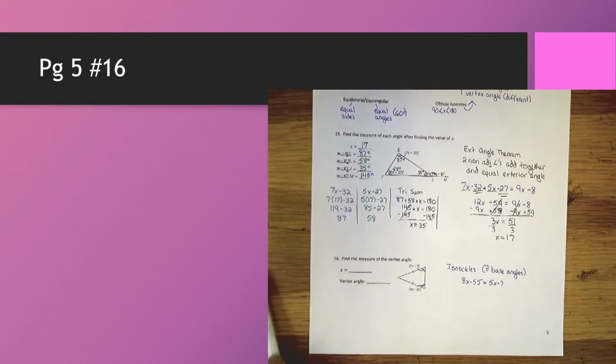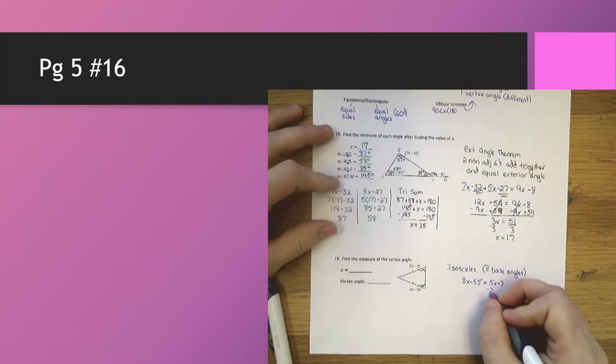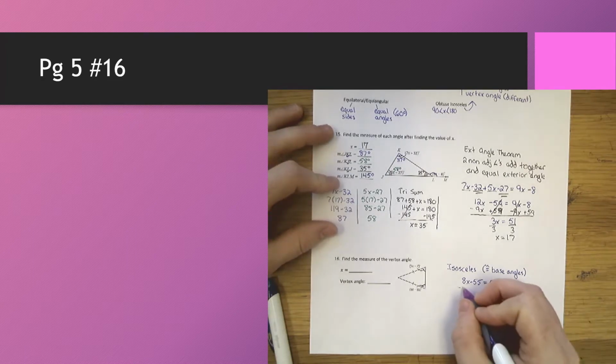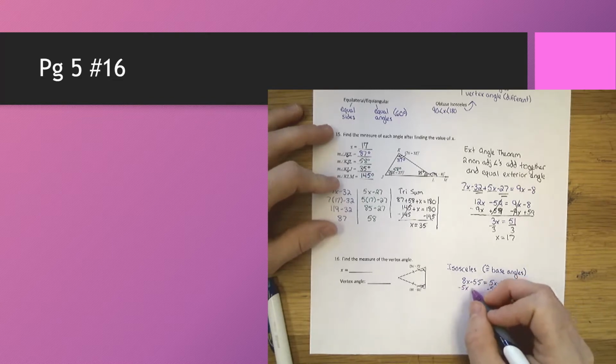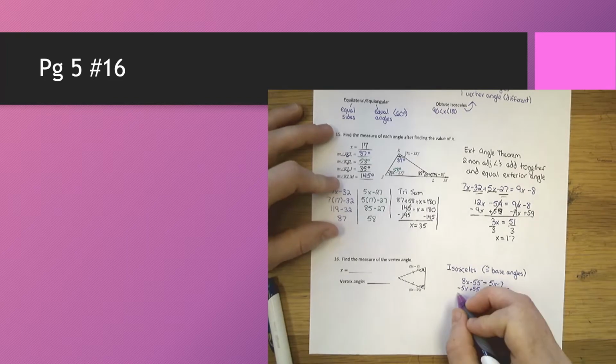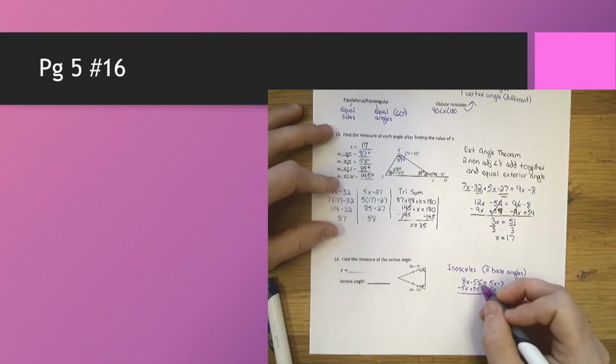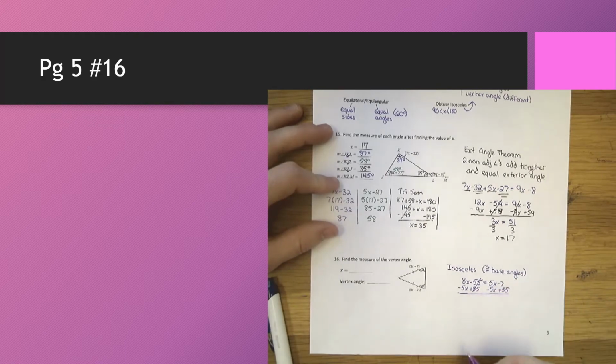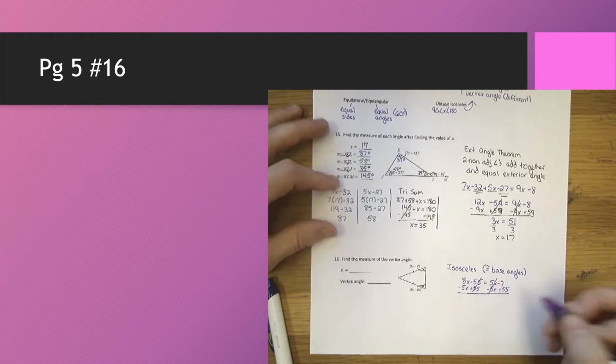So I'm going to subtract 5x from both sides. And just to save room, I'm also going to add 55 to both sides at the same time. So this will cancel out the 55 on this side, and it will cancel out the 5x on this side.